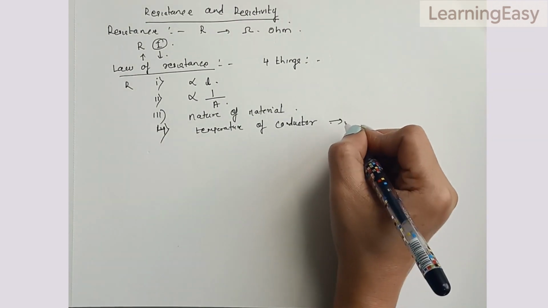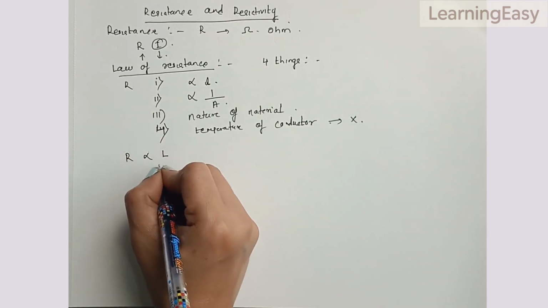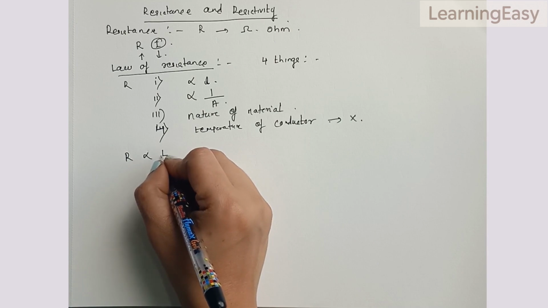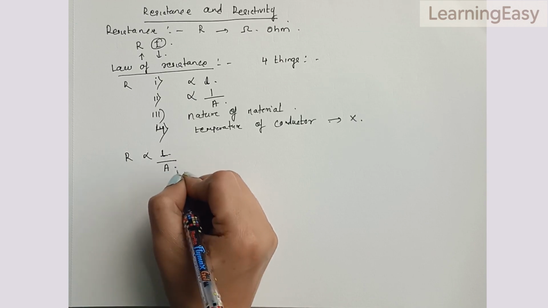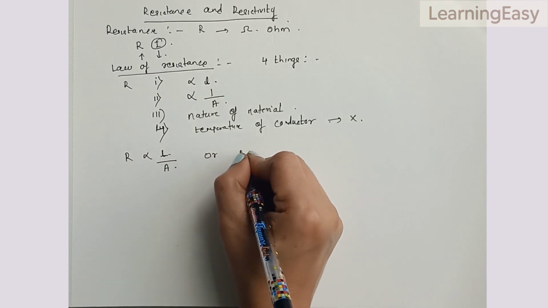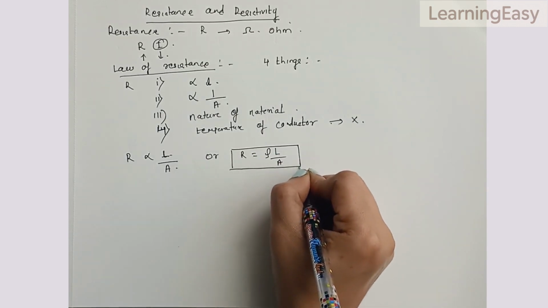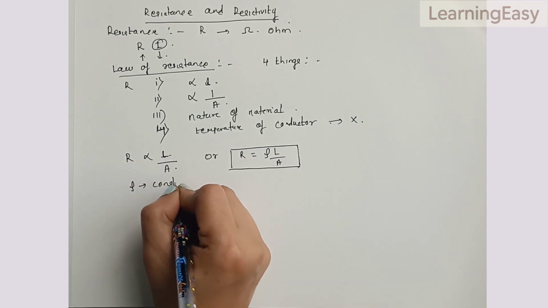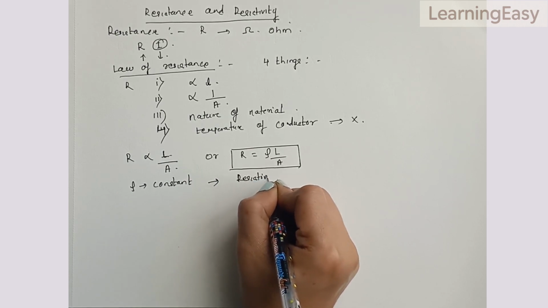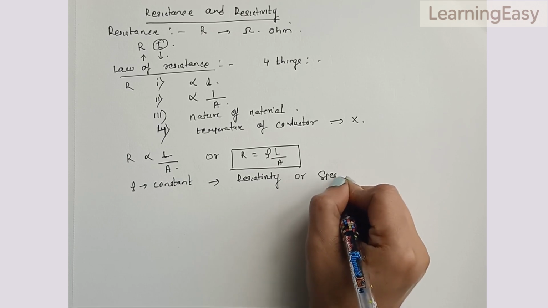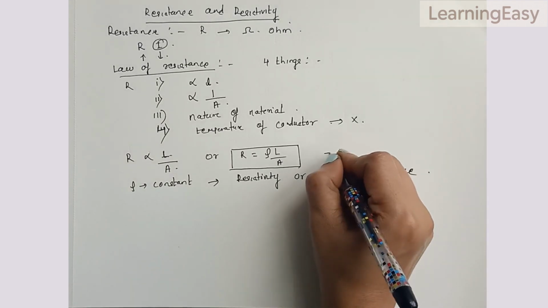By neglecting this last condition, R is directly proportional to the length of the conductor and inversely proportional to cross-sectional area, or R is equal to rho L by A, where rho is a constant which is called resistivity, or you can say specific resistance. This is your equation 1.